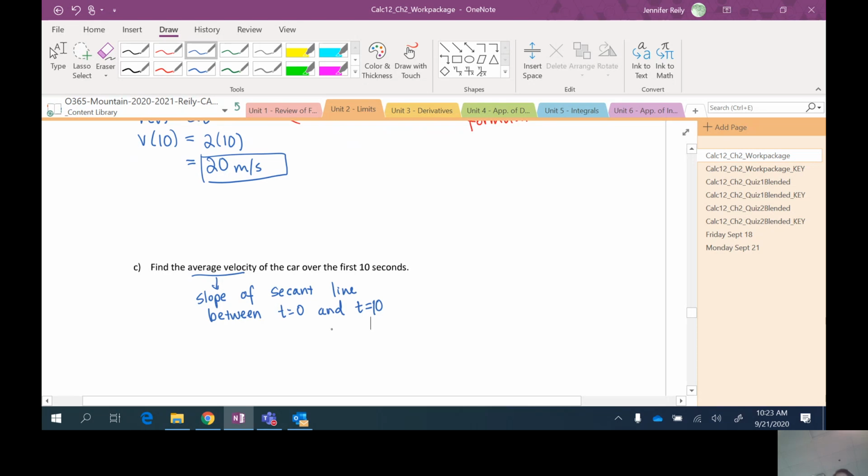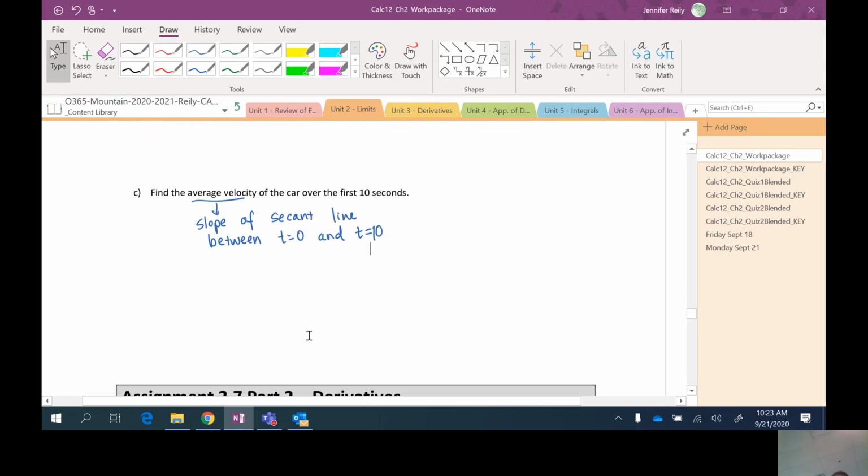So we can use the slope formula, rise over run, or change in y over change in x. So it would be s of 10 minus s of 0, because I'm going between 0 and 10 seconds, divided by 10. So s of 10, if you plug it into the formula, is 90.